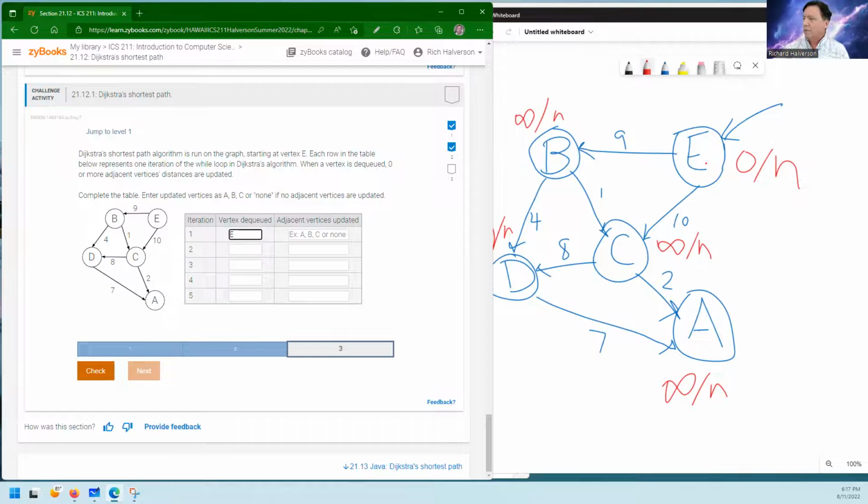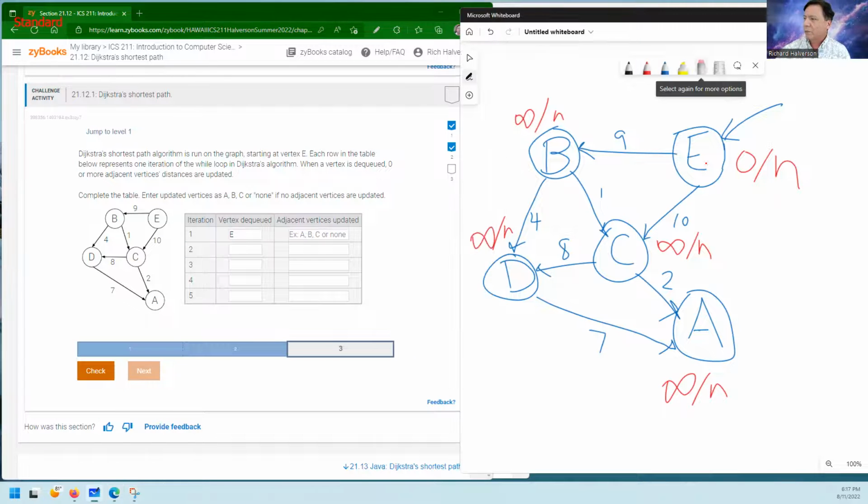Well, B is going to be updated, from E to B this is going to turn into 9, and this is going to turn into E. And that's 9, since it's all the vertices adjacent to E.